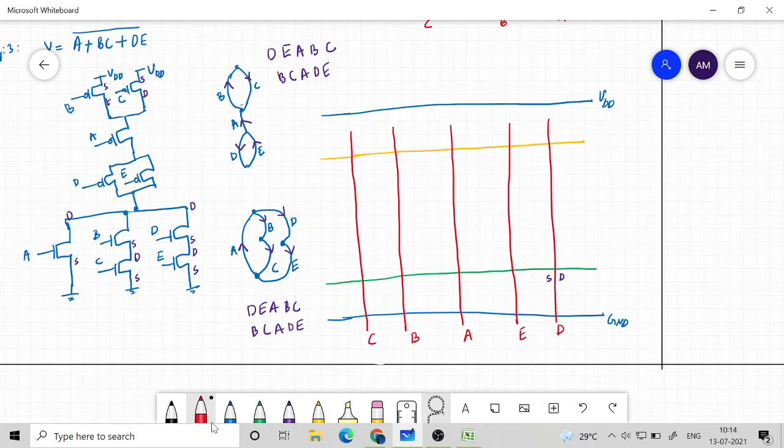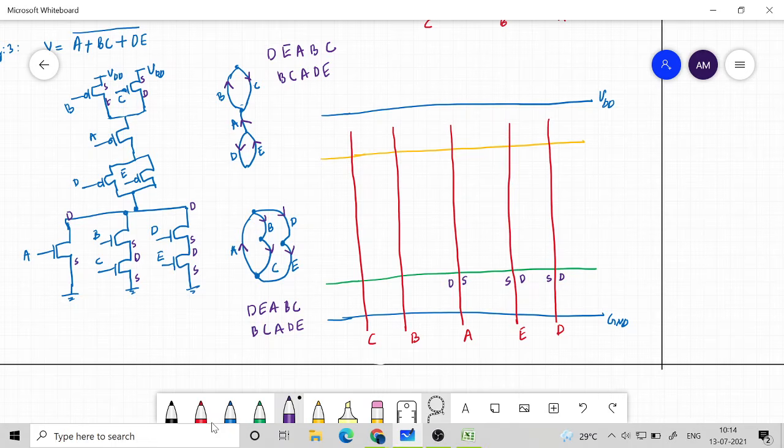So that means this should be the drain of E transistor, and therefore this will become the source of the E transistor, and then the source of the E transistor is shared with the source of the A transistor, and so this will be the drain of the A transistor.